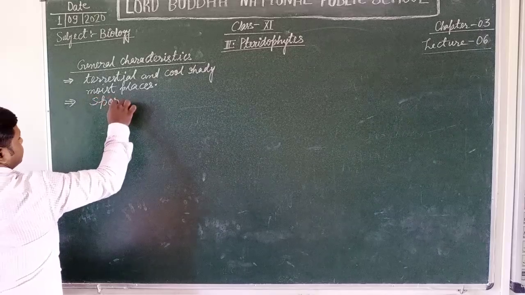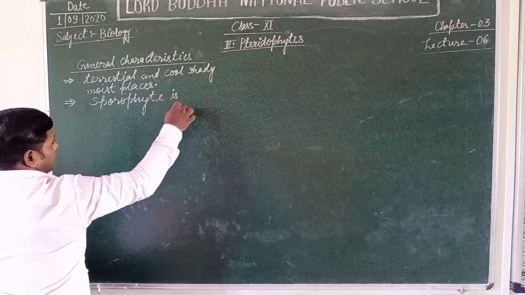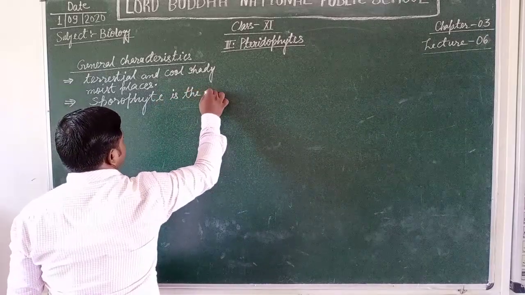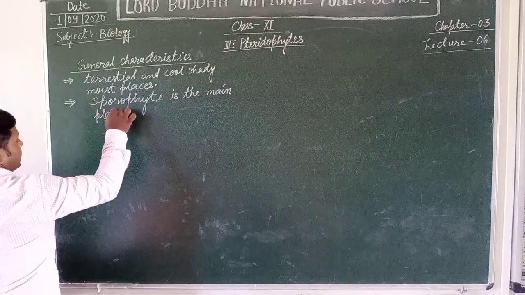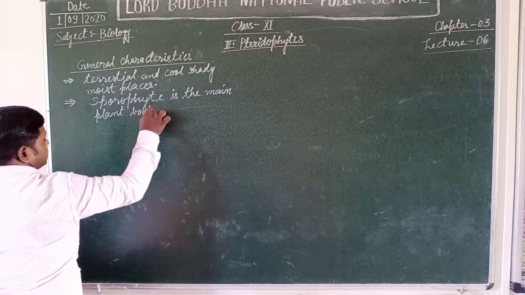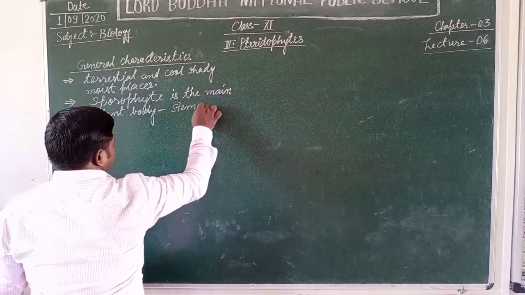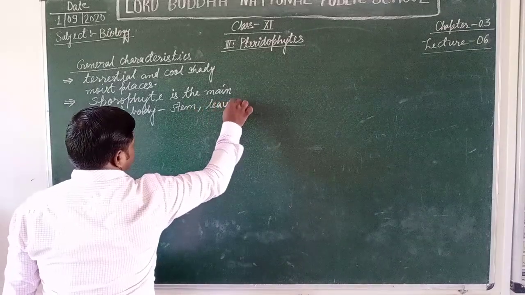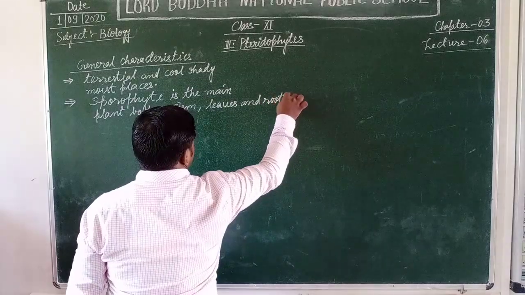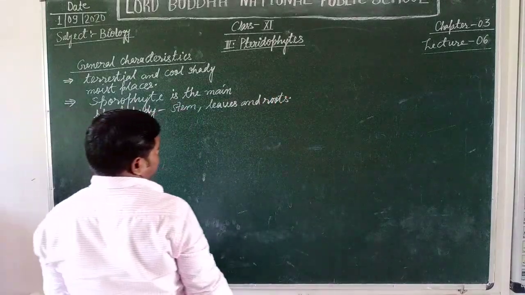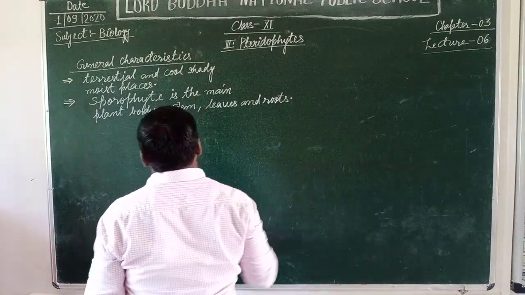Sporophyte is the main plant body, that is well differentiated into stem, leaves and root, except xylophytes.